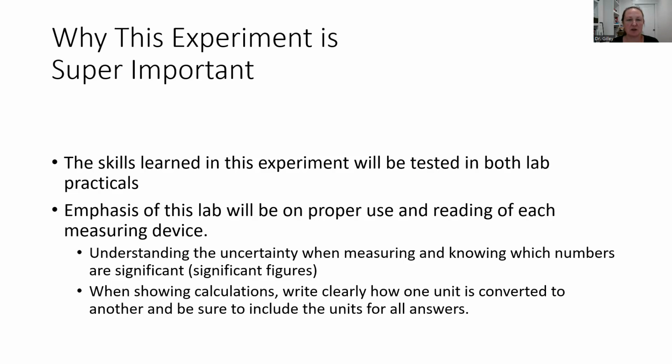So the first practical is 25 points. The second practical at the end of the semester is 50 points. So really, you're working towards 125 points total just on what you're going to learn in this experiment.